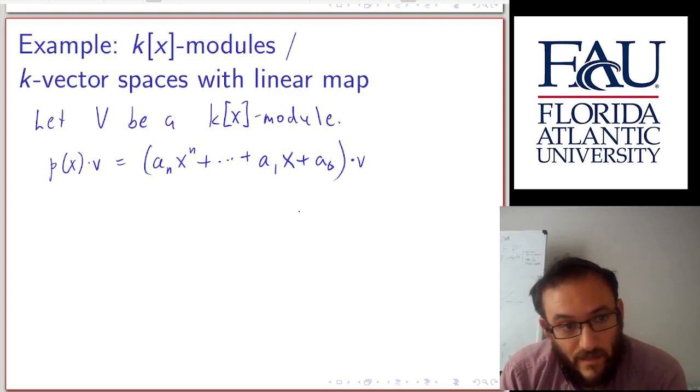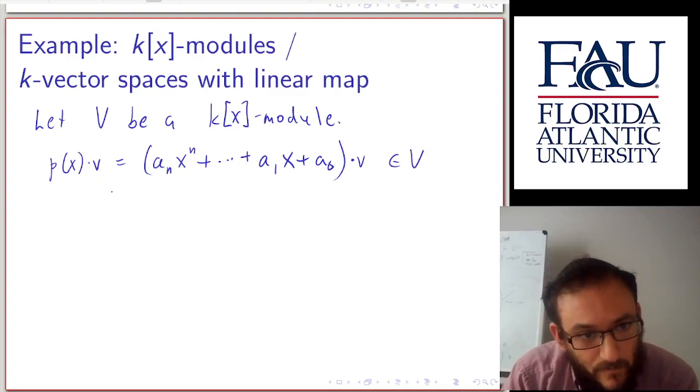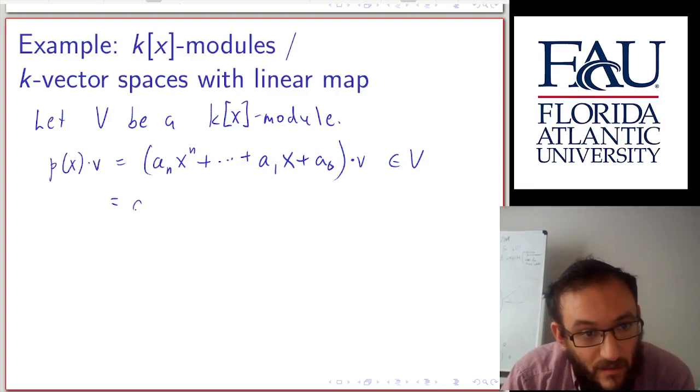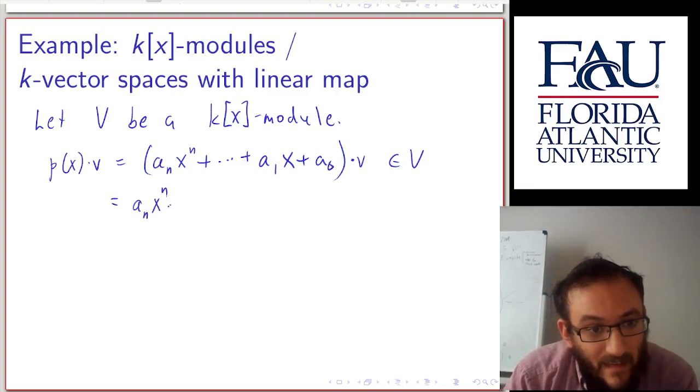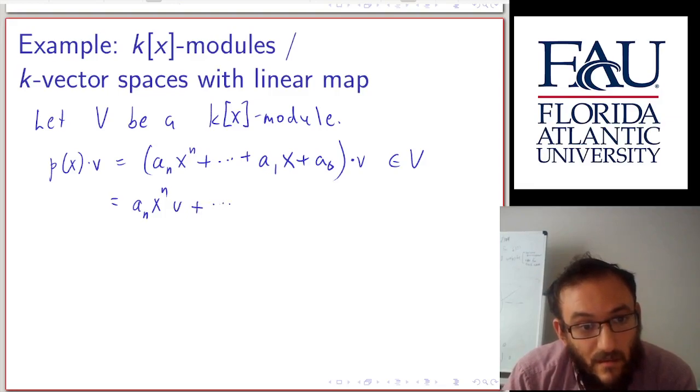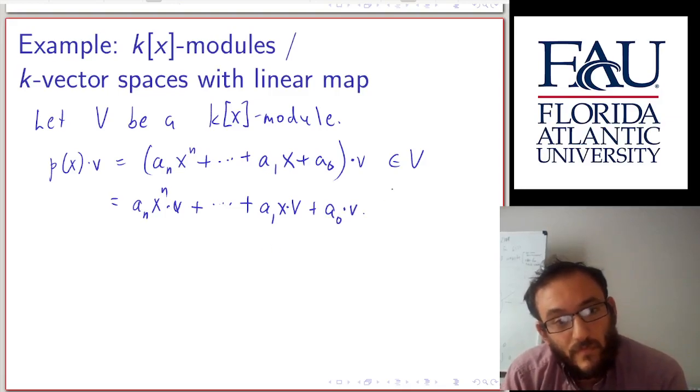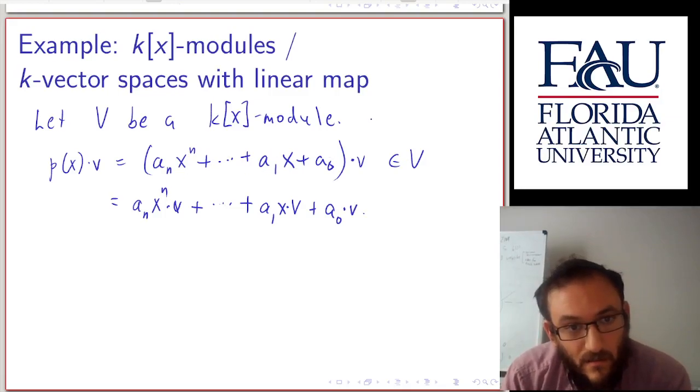And this is going to be an element in our module as well, so this has to be some vector. And we have linearity with everything, so this is a_n x to the n applied to v, plus up to a_1 x applied to v, plus a_0 times v. And all of these a_i are elements of the field, so the a_i are in K.